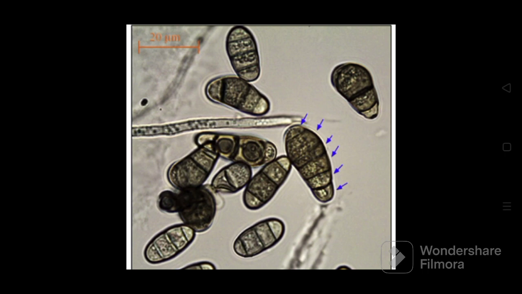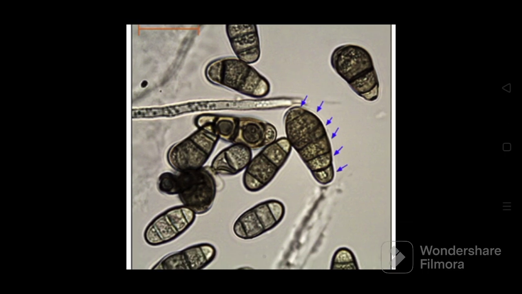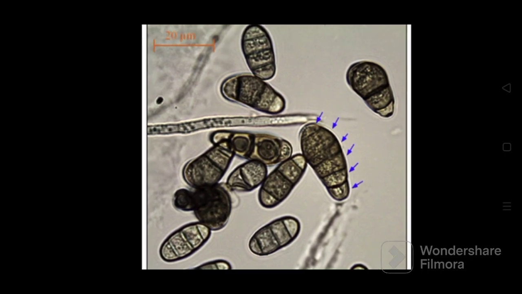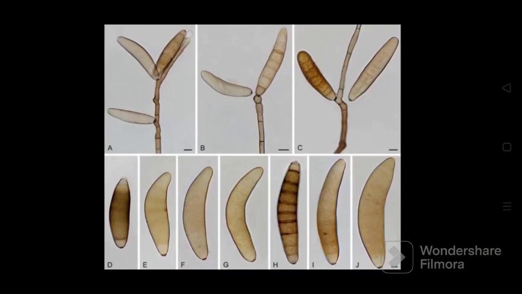Another important characteristic of this conidia is that the germination is bipolar, which means it can germinate from both apical regions. Another important thing is that you can see in the image a dark colored circle.